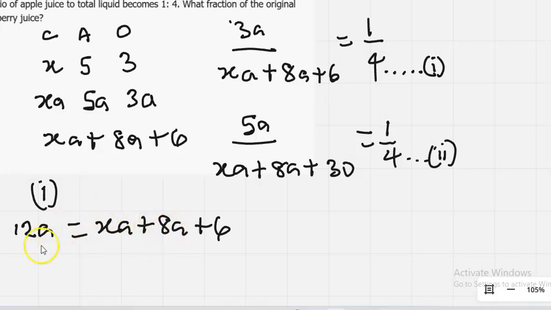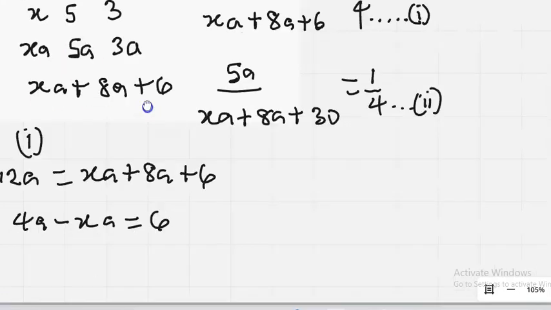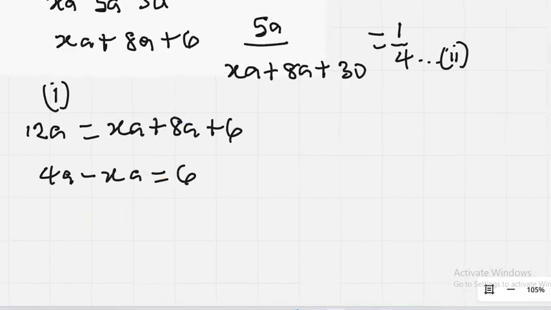If I bring all this over to the other side and collect like terms, this becomes 4A minus XA equals 6. And then we factorize A because A is common to both terms. So this becomes A times (4 minus X) equals 6.